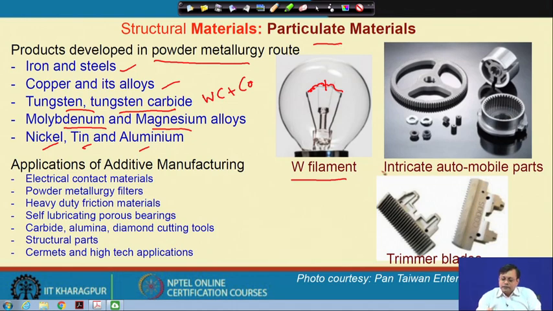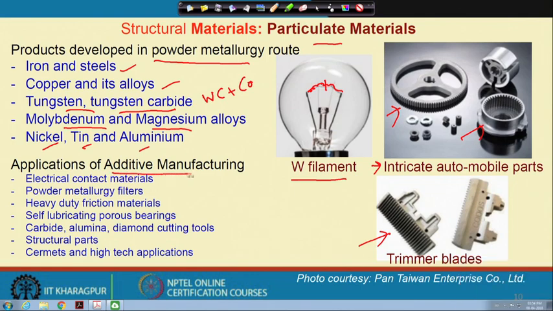And here one can look at how intricate automobile parts can be made out of this, like a gear and a lot of components, also a trimmer blade, where very intricate structures can be made.